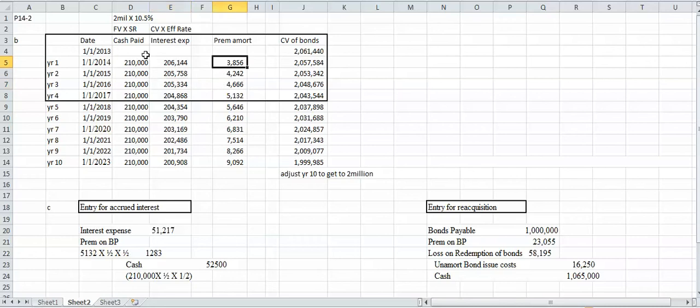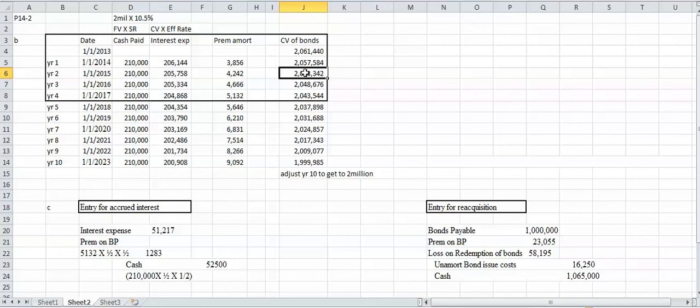The premium amount is this number minus this number equals this number. So whatever the difference is, that's your premium amortization. The carrying value of the bond is then the previous year's carrying value minus the premium that you amortized. So the amortization is going to subtract out the premium. If you're doing discounts, it's the other way, you add them. But we're doing a premium, so you subtract out the premium each year.